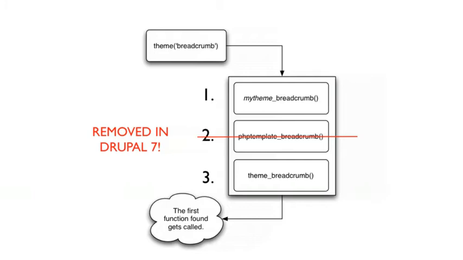If it doesn't find it, it then moves on to the default theme underscore breadcrumb and whatever the output of that is. Previously, in Drupal 6, there was also PHP template breadcrumb, but you don't need to worry about that any longer. So theme functions allow your theme to have the last crack at the outputted HTML, and you have complete control over that.